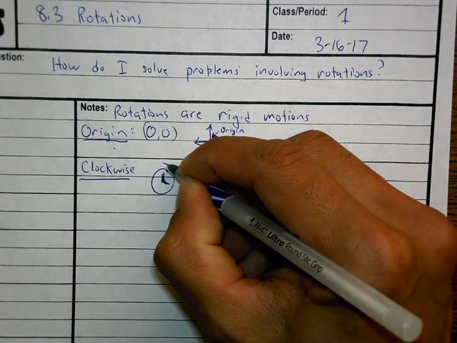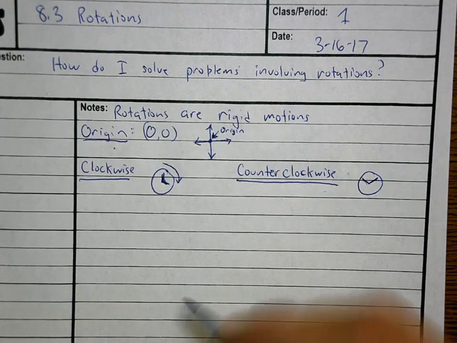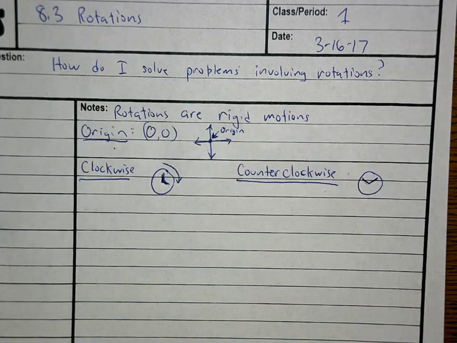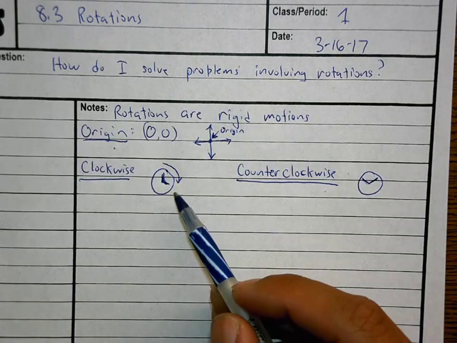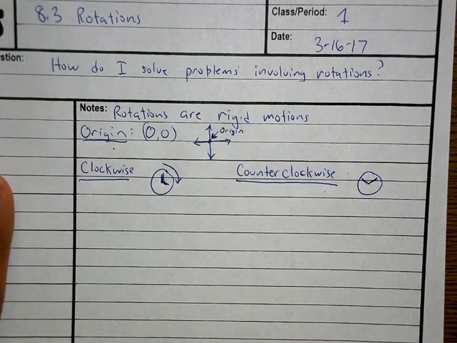Clockwise means you follow the red hand and you go this direction from the top to the right. It's like what's happening on this clock up here, where that red hand goes tick, tick, tick, tick. It's going around this way. It's where the top goes to the right. This is also how most objects are turned when you tighten them. If I'm trying to tighten a bolt, I go righty-tighty.